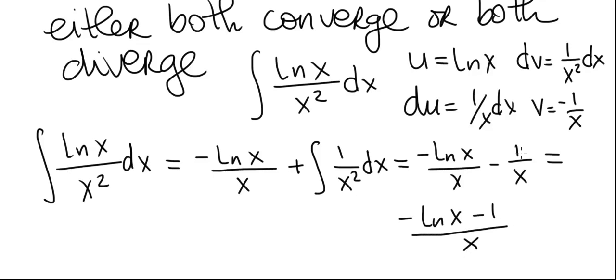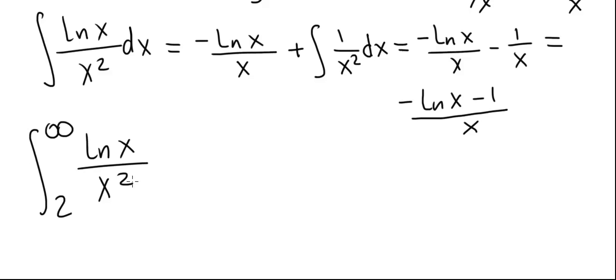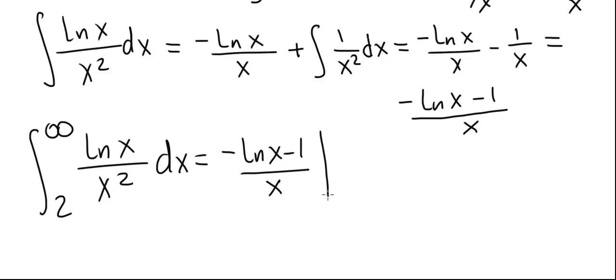So now we can return to the improper integral. The integral from 2 to infinity of natural log of x divided by x squared is equal to minus ln of x minus 1 divided by x evaluated from 2 to infinity.